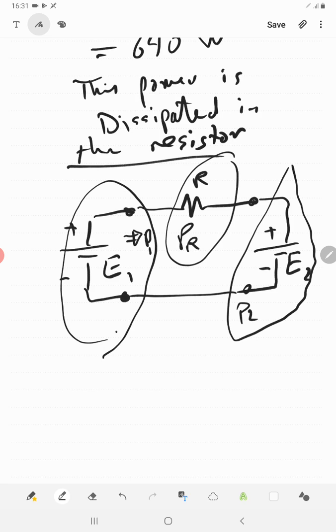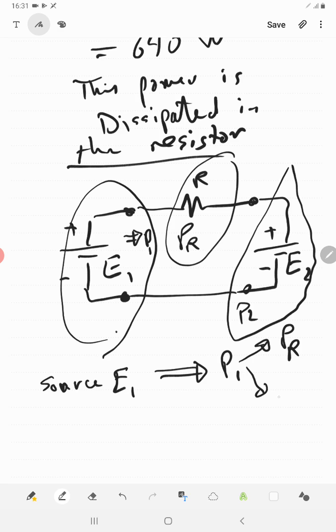So source 1 or E1 gives P1. That P1 goes to PR and P2.